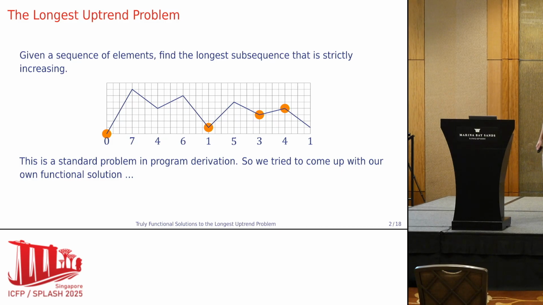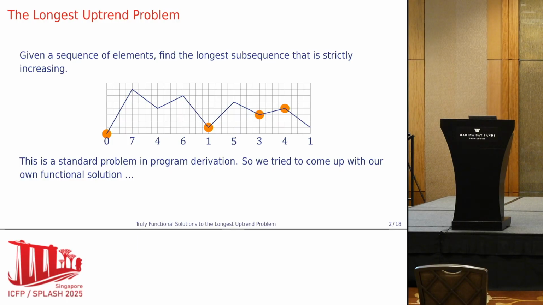So this problem is a very standard problem, and we tried to come up with our own functional solution. In the imperative world, it's a standard problem for program derivation, and we wanted our own implementation functionally. We implemented it, and then we made something that one shouldn't do if one wants to avoid problems.